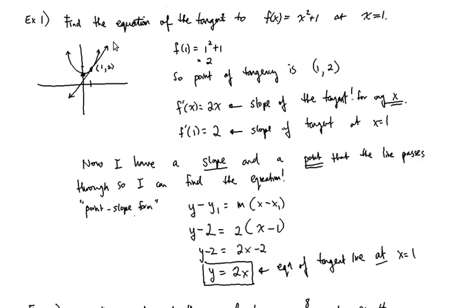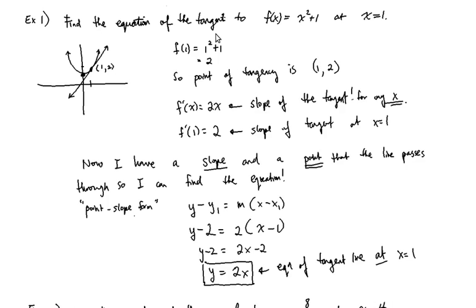If I have x squared plus 1, and I sketch that, and I need to find the equation of the tangent line at the point x equals 1, well, first of all I need to find the slope of the tangent line, because in order to find an equation of a line, I'm going to need a slope and a point of tangency, a point that the line passes through.